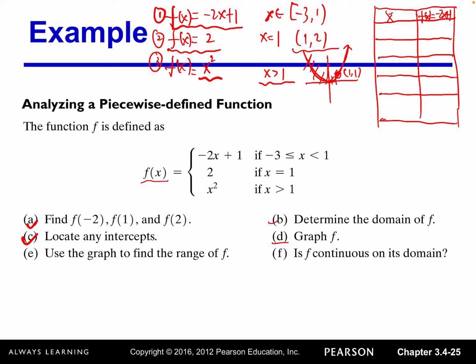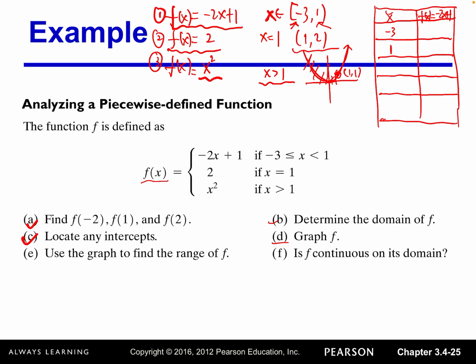Because x is not all real numbers, it's only from negative 3 to 1, these two boundary points are important. So we want to evaluate when x equals negative 3 and when x equals positive 1. And the x and y intercepts are also important.